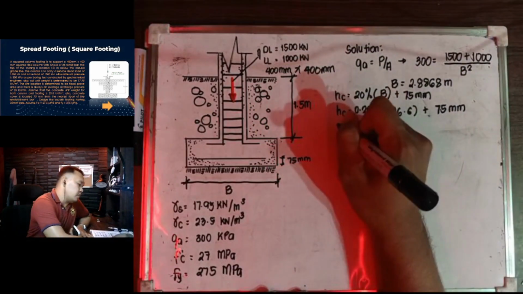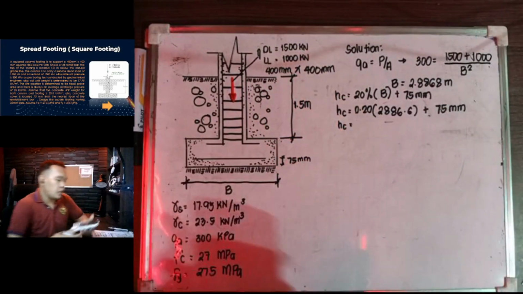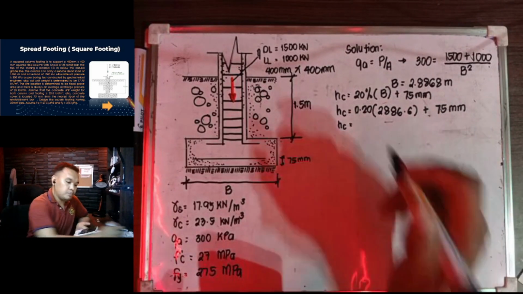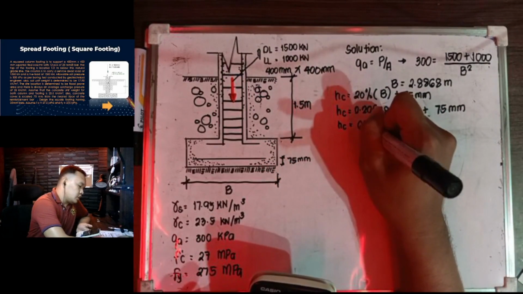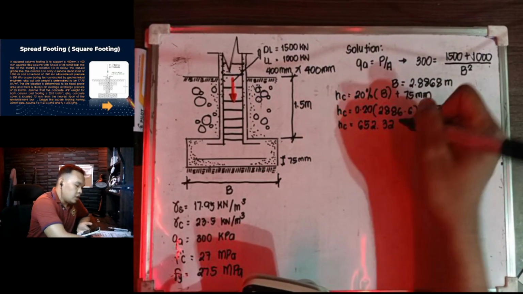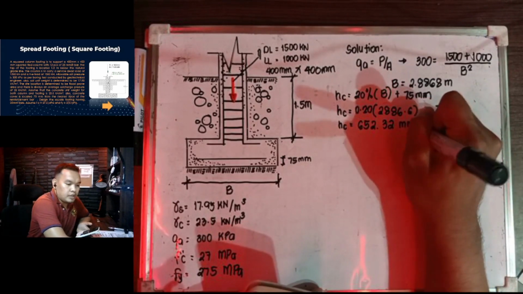No? So, we have here HC which is equivalent kay 0.20 times 2886.6 plus 75. So, we have here 652.32 mm. Okay.